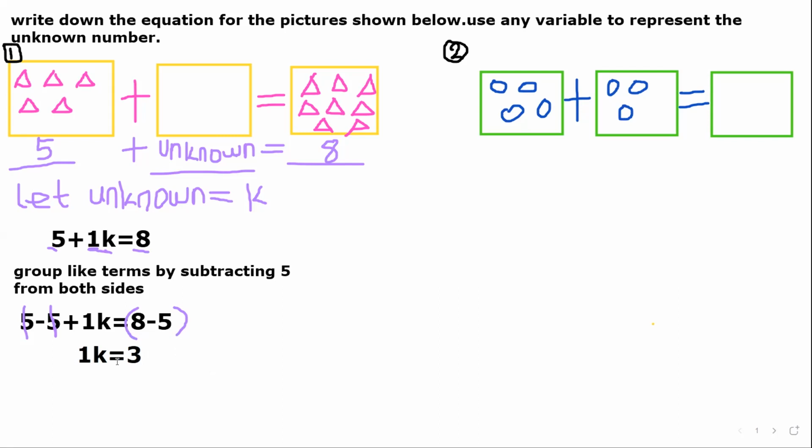But because you want to find letter K, not 1K, you divide both sides by the number attached to the letter K, and that number is 1, and here is 1. So this one here will take care of this one. Therefore, K will stand alone, or K will be free, and K is 3 over 1, and 3/1 is the same as 3 here.